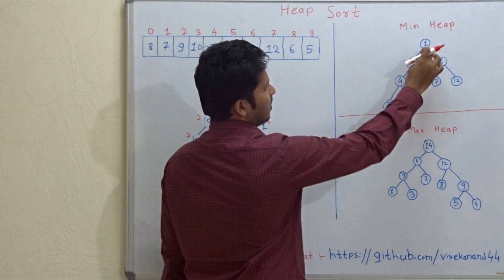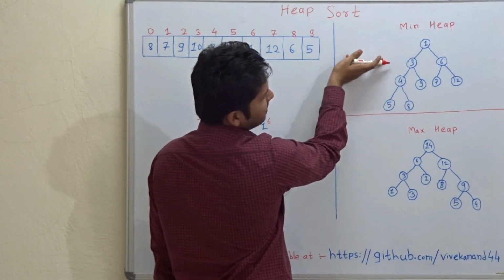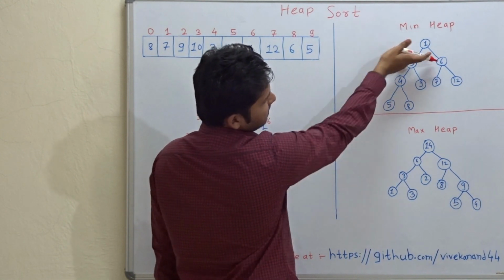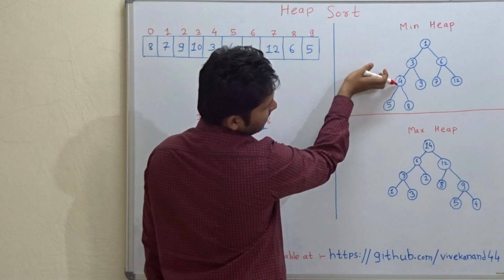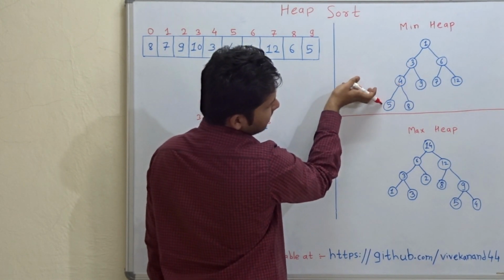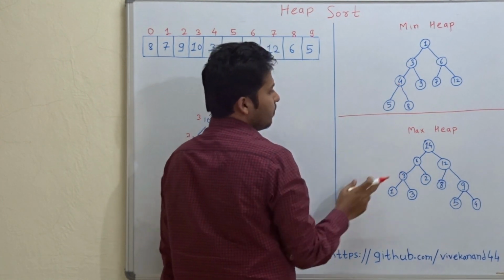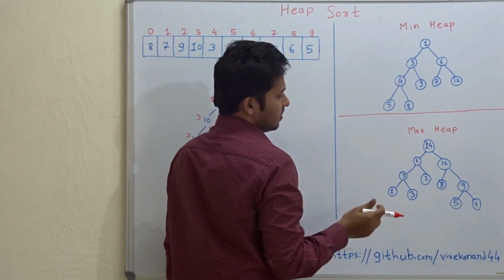For example, here 1 is less than 3 and 6, 3 is less than 4 and 9, 6 is less than 7 and 12. So the value at each node is less than its children. And in max heap, the value at each node is always greater than its children.